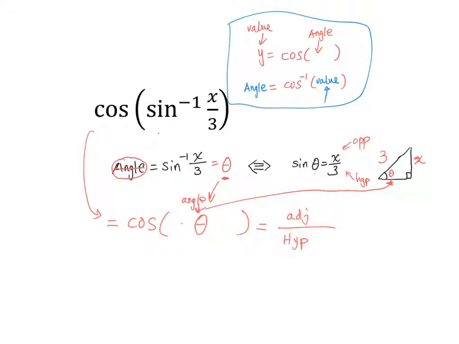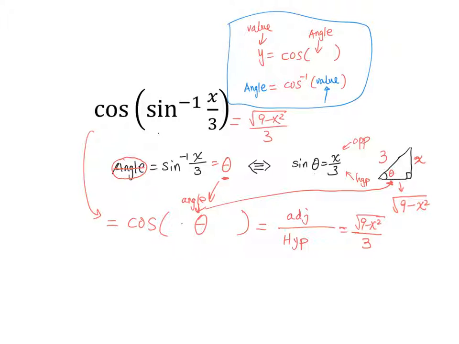I know the hypotenuse and one of the legs, so by the Pythagorean theorem the adjacent is the square root of 3 squared, which is 9, minus x squared. So the adjacent is square root of 9 minus x squared, over the hypotenuse, which is 3. So that's how I solve this problem.